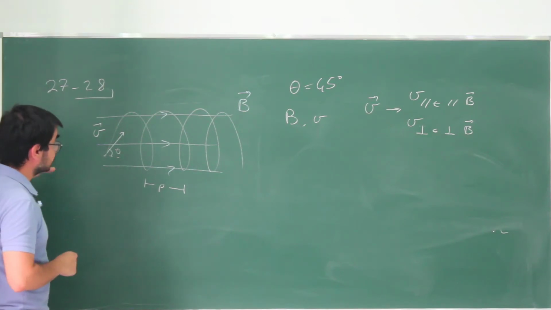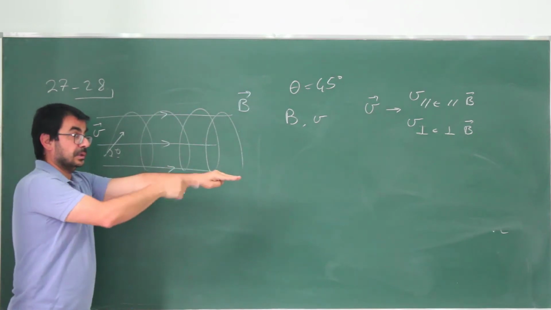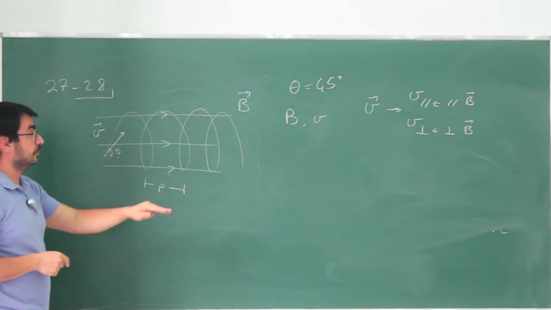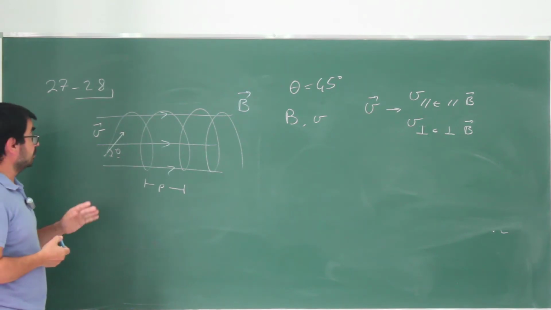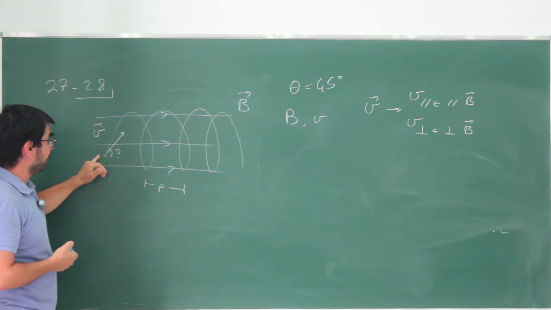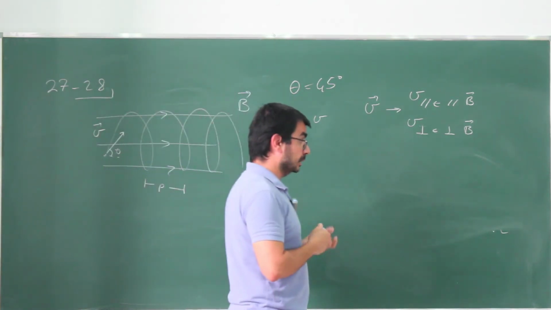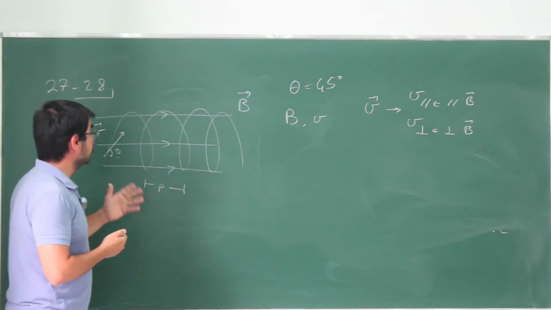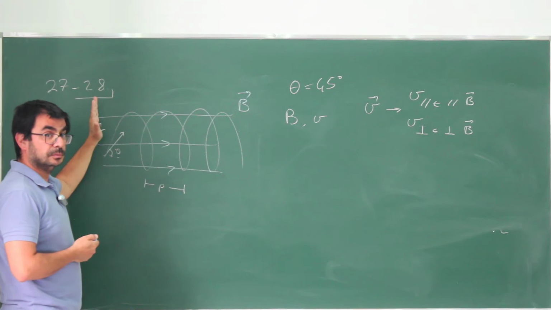So we are going to have constant velocity motion in this direction on top of some accelerated motion, some circular motion over there. So this is one way. The other way to look at this is to imagine that you have some velocity that's equal to the parallel component of this velocity over here. Right? So you're walking along with this particle. Now what would happen then? For you, the particle would have only a velocity that's now perpendicular to the magnetic field.